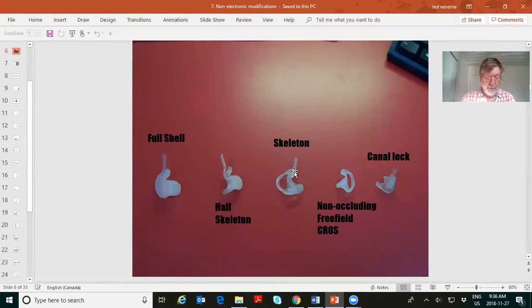Usually the hearing aid will look a lot like what I'll show you here, okay? A high power one, so let's just stop sharing and I'll show you.